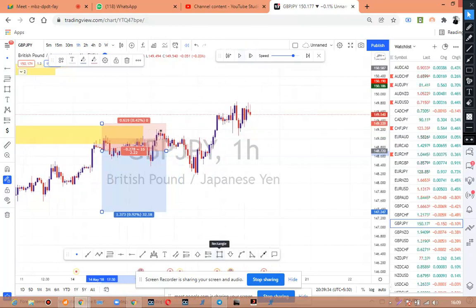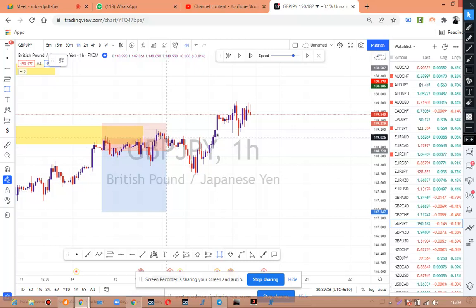Here also I can see break of structure, break of structure, demand.